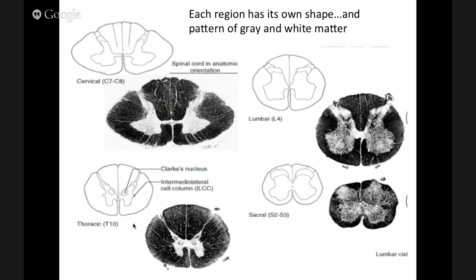There's also quite a large amount of gray matter. There are two dorsal columns within that posterior funiculus. So there's both a fasciculus gracilis and a fasciculus cuneatus within the cervical levels.